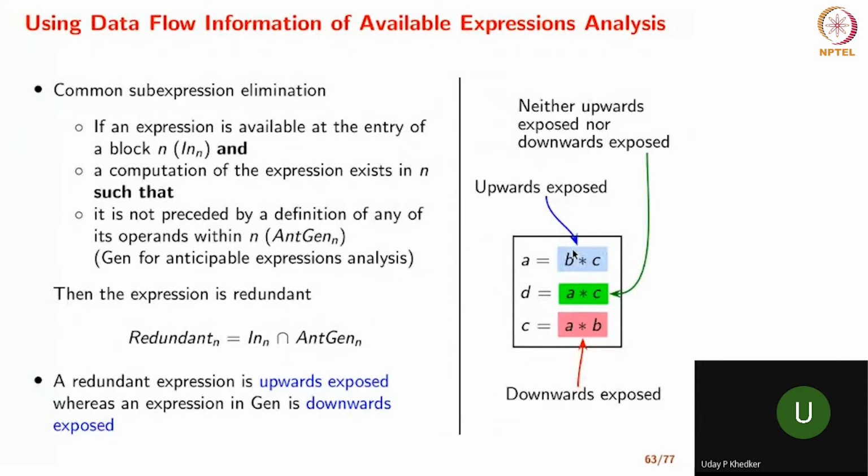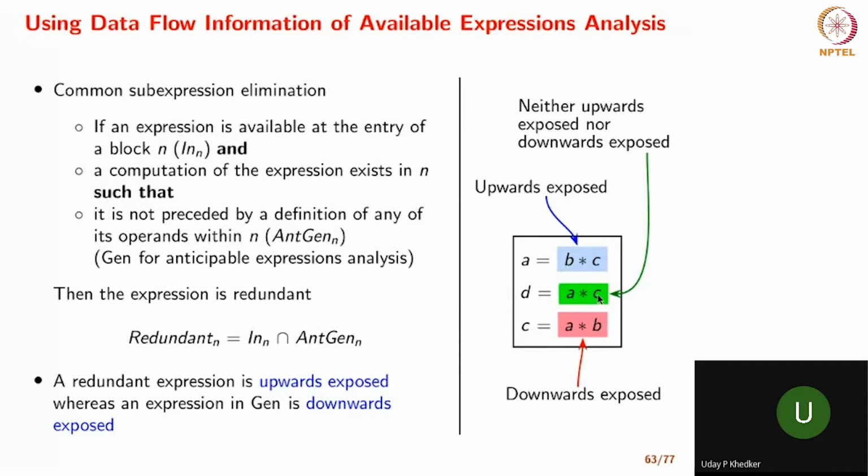However, observe that B star C is not available. B star C is not downwards exposed because B star C is followed by an assignment to C. Okay. So this is an example of an expression that is upwards exposed. This is an example of an expression that is downwards exposed.